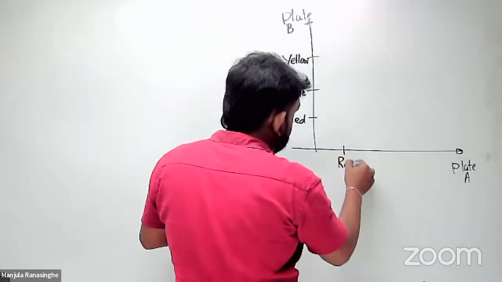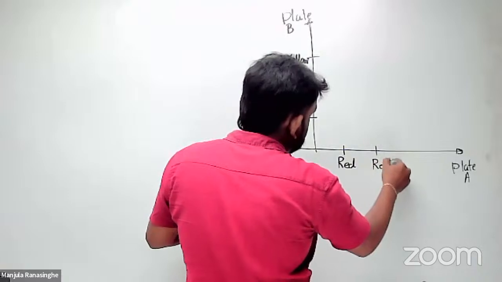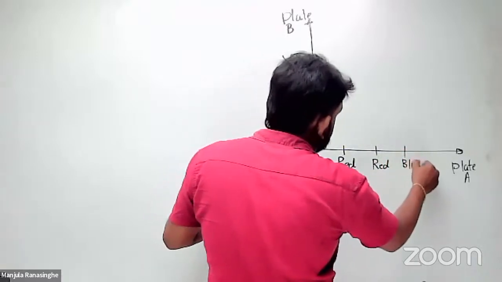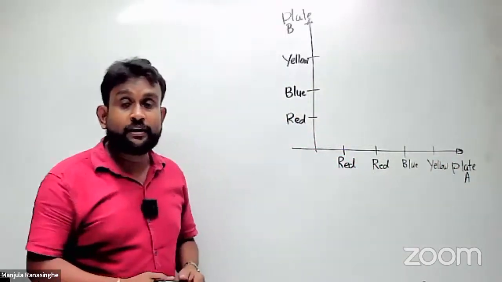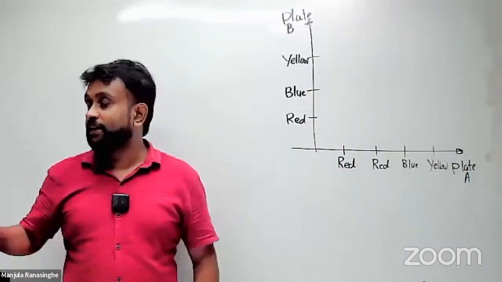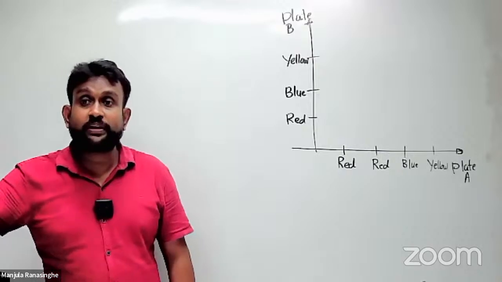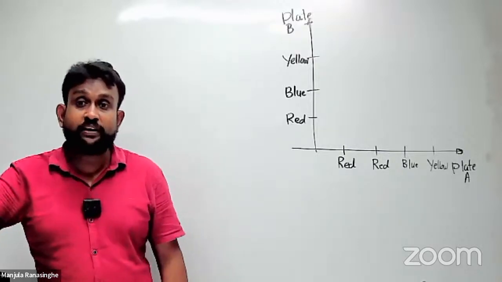Red and red, here blue and here yellow. Okay, now mark the sample space of all the possible outcomes obtained by him in the following grid.